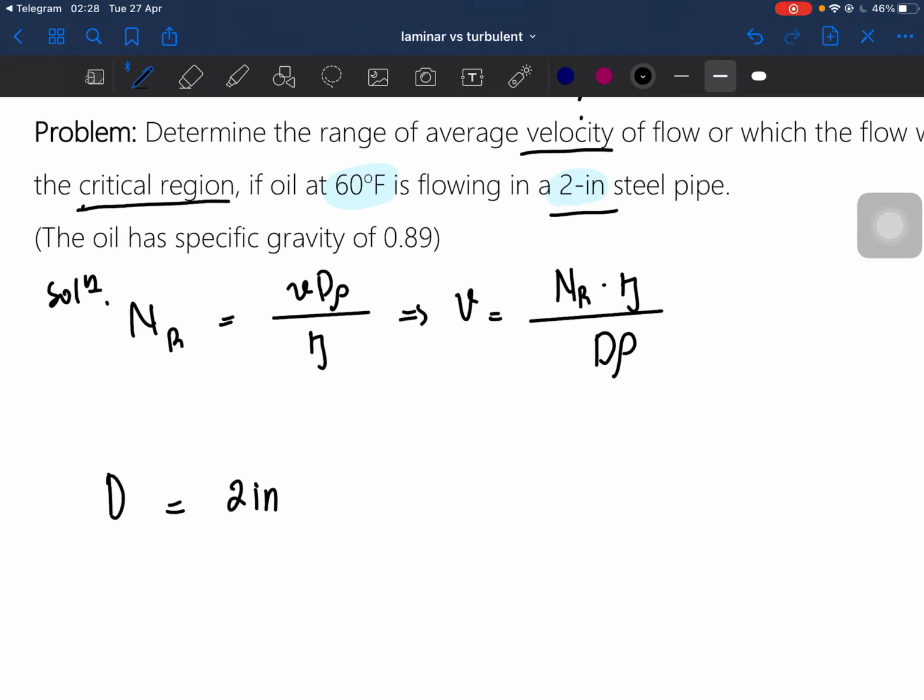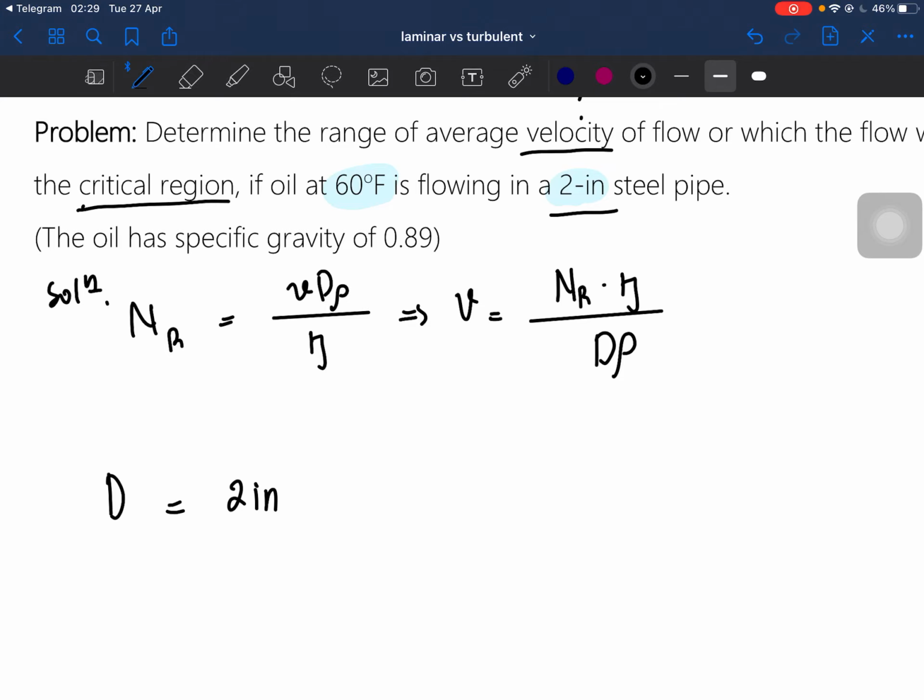We actually need to look at the table again. So let me look at the table. This is quite complicated because we need to look at the table every time, because the wall thickness is not always the same. So we have the outside diameter, the nominal pipe size.